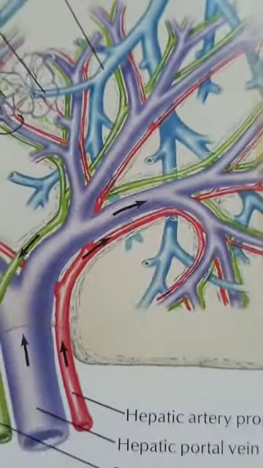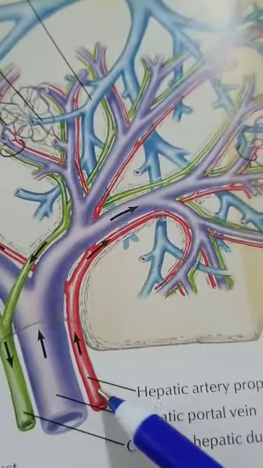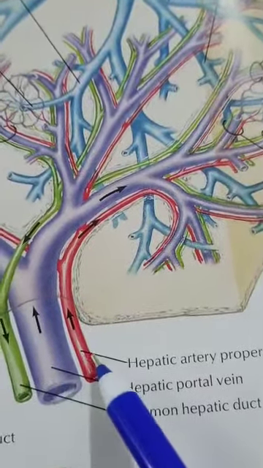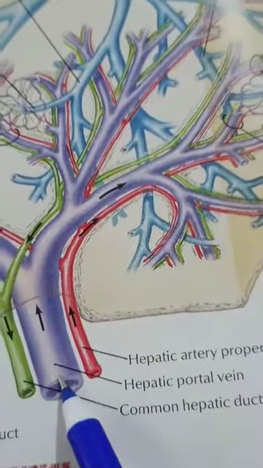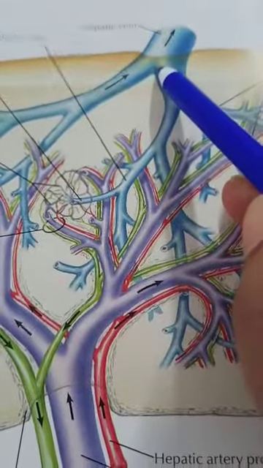Blood supply of the liver: arterial supply is by the hepatic artery and portal vein. Venous drainage is by the hepatic veins.